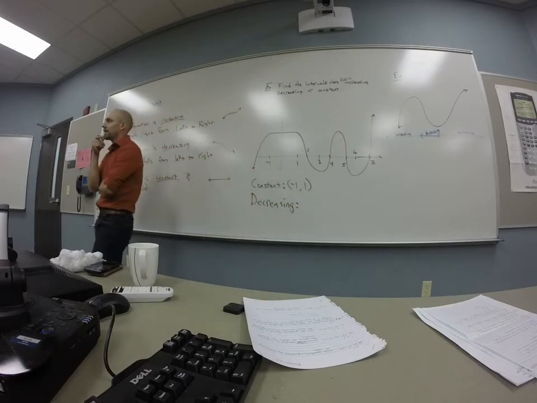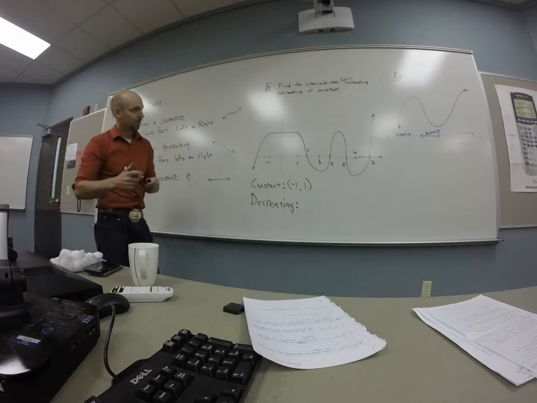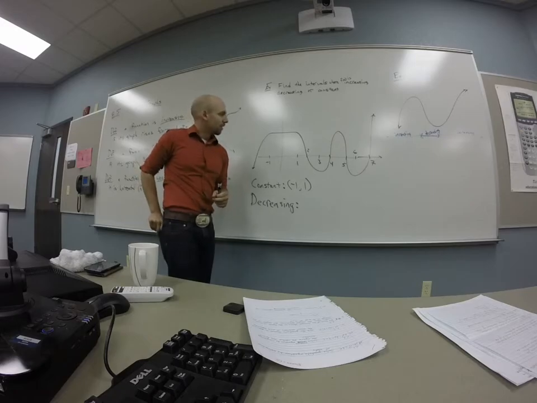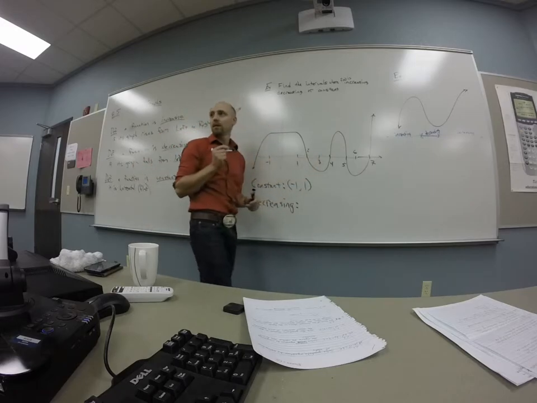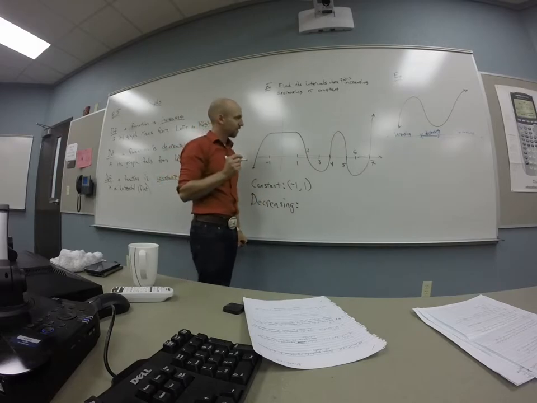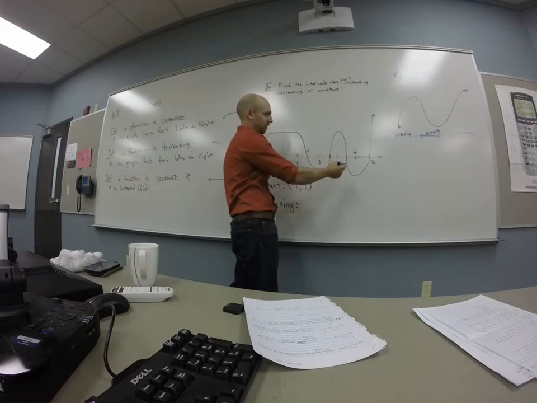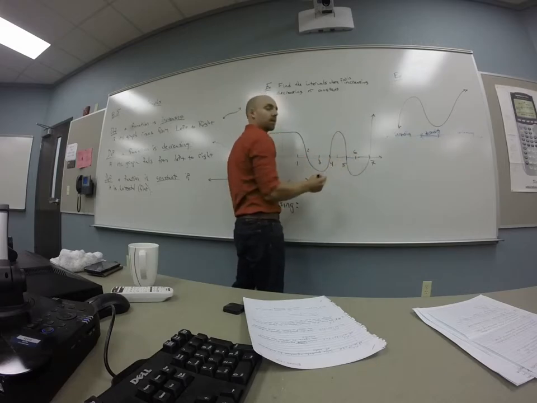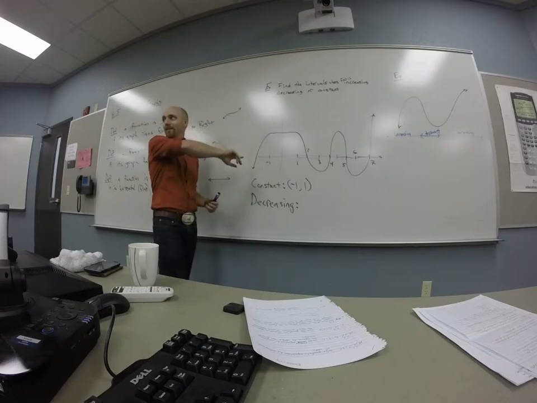Okay, so where is this thing decreasing? Okay, so we're decreasing through here, right? Someplace in there, to there. Why are we not decreasing on the other side? This stuff? Why is that not a decrease?